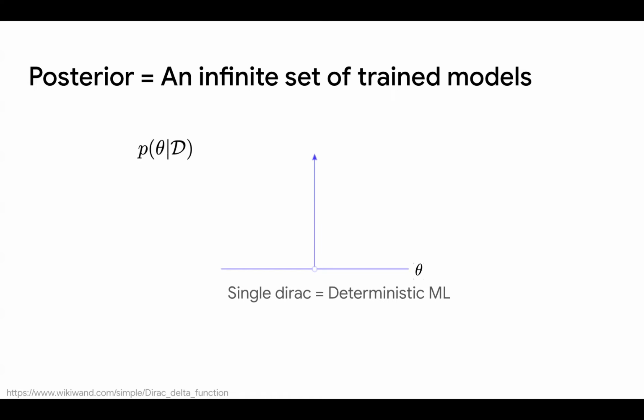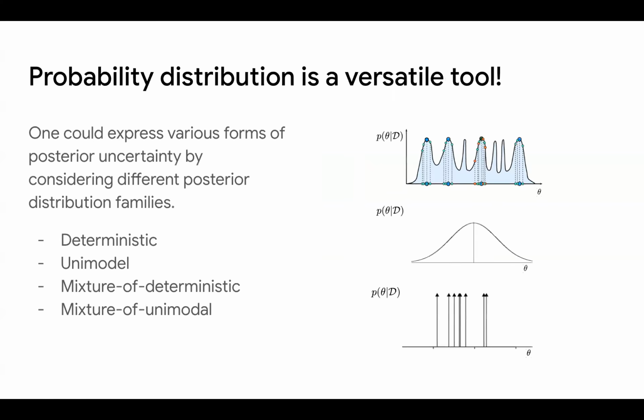And depending on the parameter family you're choosing, you may also recover the original deterministic machine learning. So it's a generalization, basically. Okay. So if you have this probability distribution as posterior, then you can pretty much express everything. It's a very flexible tool.